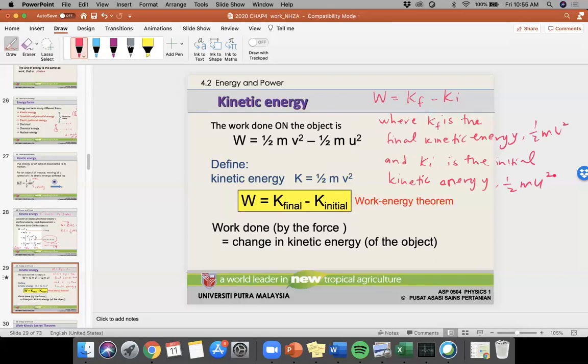You have to define what K is, define the equation for K, to get the full mark on the definition.